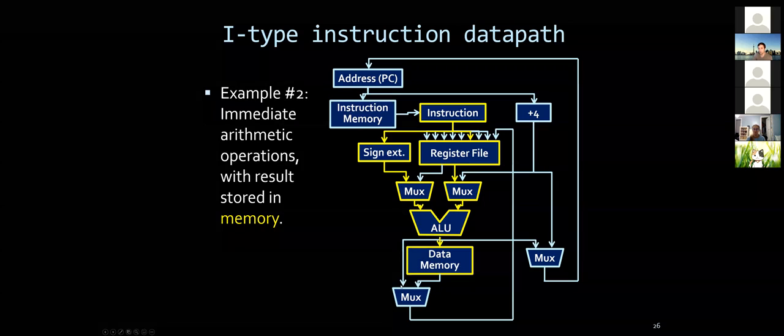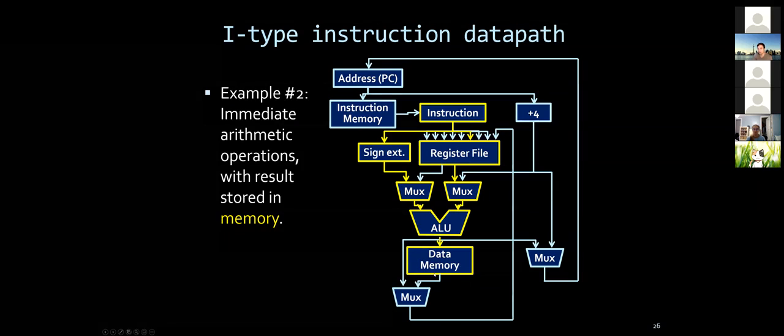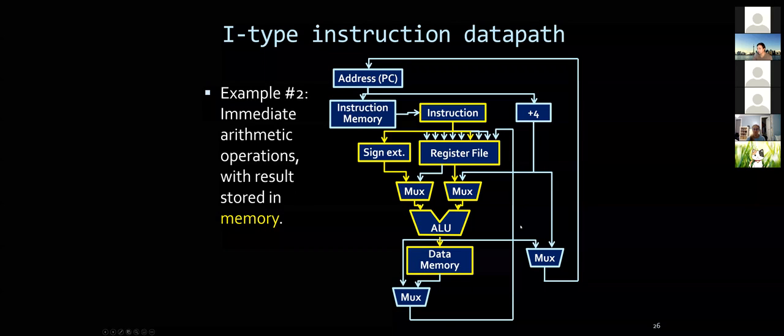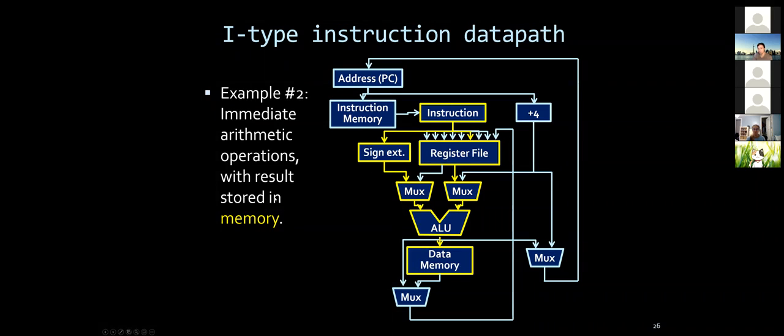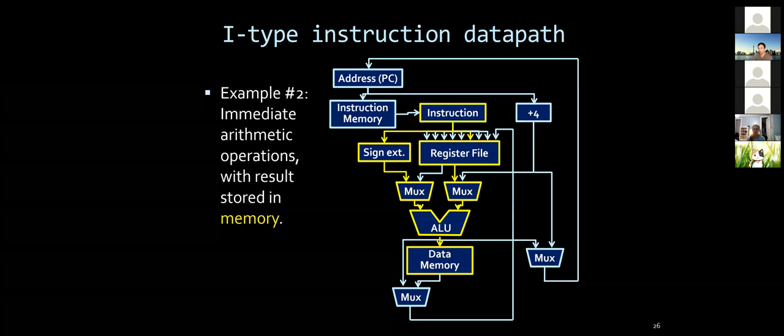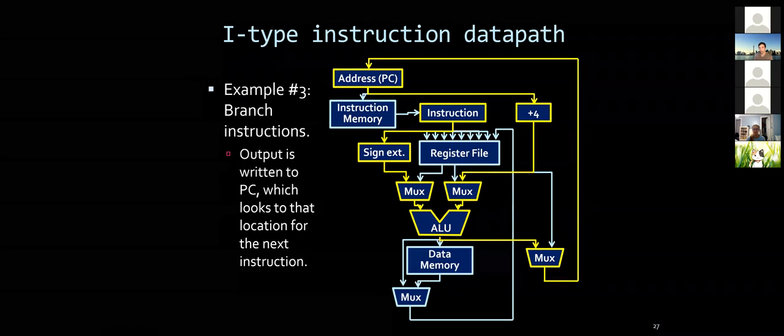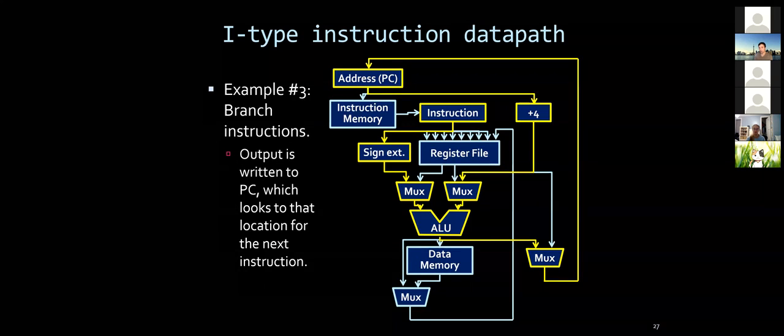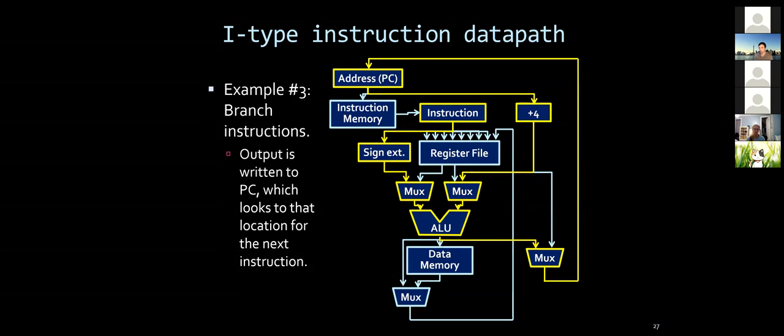Instead of writing to the mux and back to the register, I'm going to write directly to the memory, and that's it. Okay, so this is how the data path might be different for instructions belonging to the same type. You would get this information from their opcodes. You're going to see whether they're supposed to load anything to the memory or they're supposed to store the results into the register.